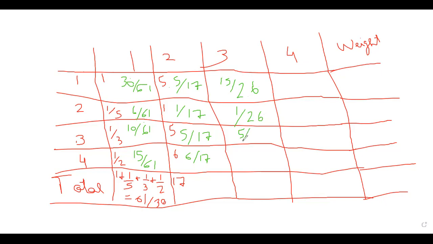You can always verify that summation, and if you sum the green numbers in a certain column, you should get 1. So you can verify in this way that you don't have some calculation errors. So 5 over 26. And here also 5 over 26.